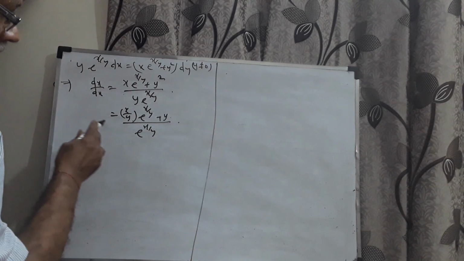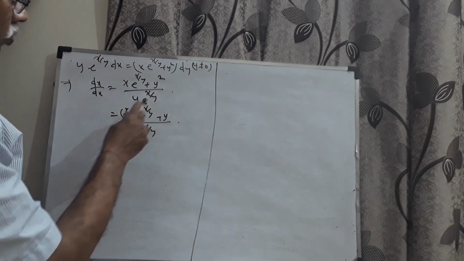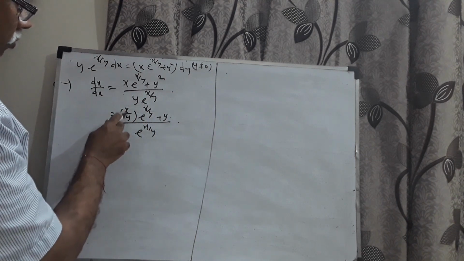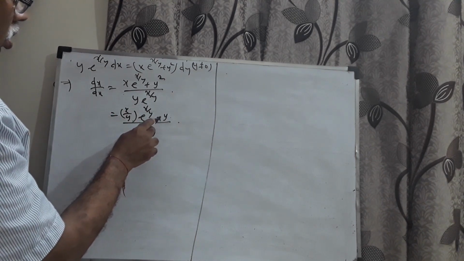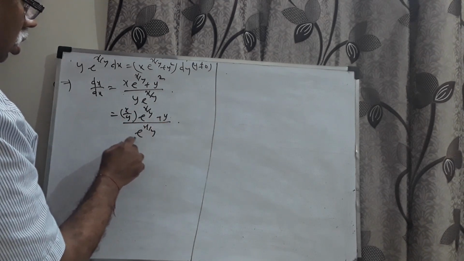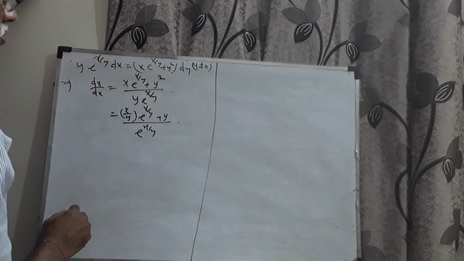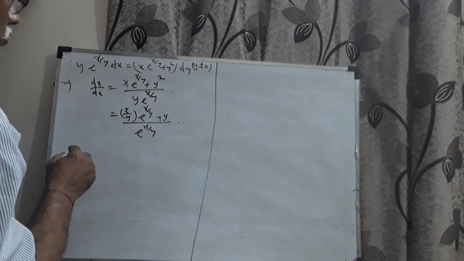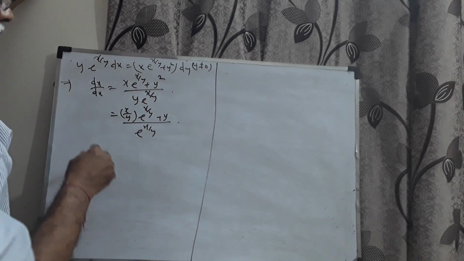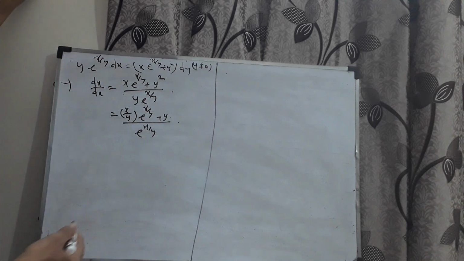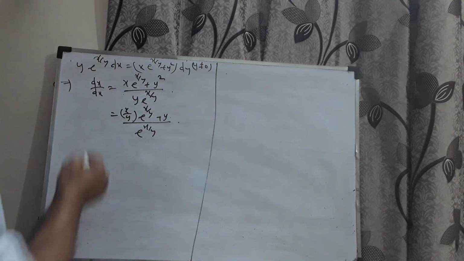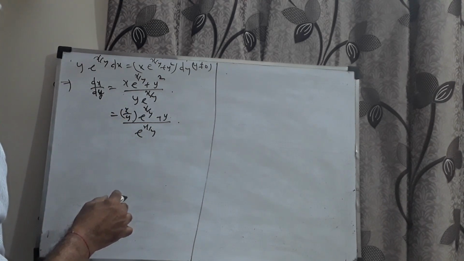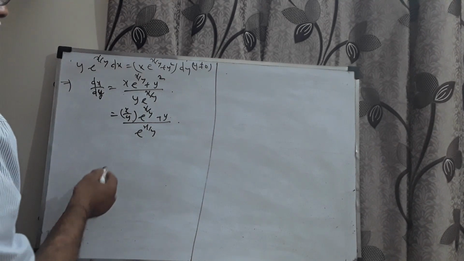Now dx/dy happens to be (x e^(x/y) + y²) by y e^(x/y). I am taking this y up, for (x/y) e^(x/y) plus y divided by e^(x/y). Okay. Here everywhere it's of the same degree, dx/dy here, sorry. Am I right? Am I going wrong elsewhere?